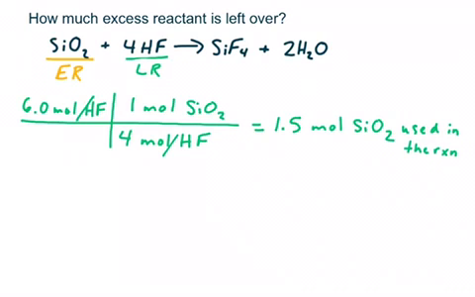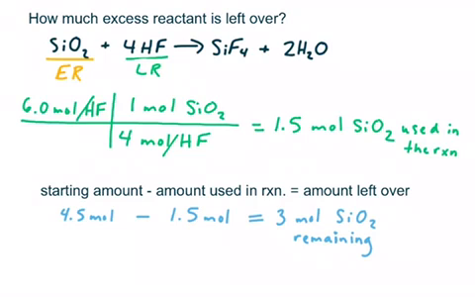In words, that's the starting amount of the reactant minus the amount used up in the reaction equals the amount left over. In this problem, we started with 4.5 moles of silicon dioxide, but in the reaction with our limiting reactant, 1.5 moles were used up. That left us with a total of 3 moles of silicon dioxide remaining.